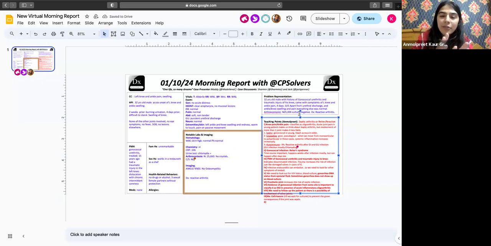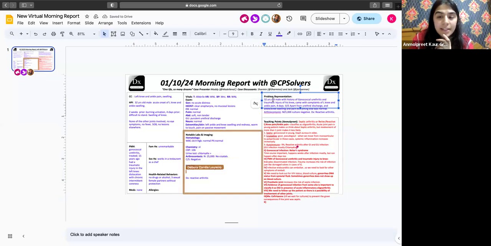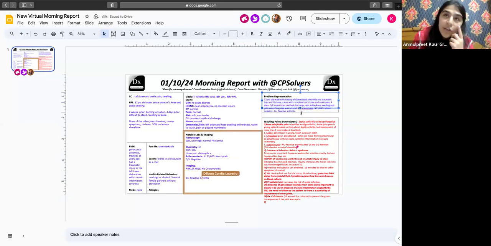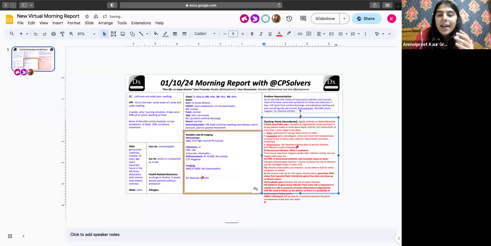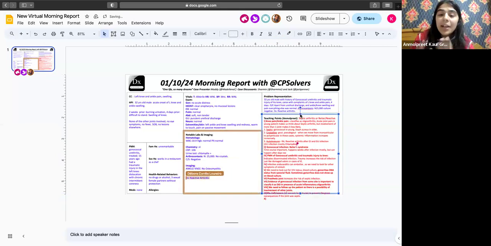And third, we have autoimmune, which includes rheumatoid arthritis and reactive arthritis. Reactive arthritis follows either a GI infection or a GU infection, and chlamydia is most likely the possibility in the GU infection.